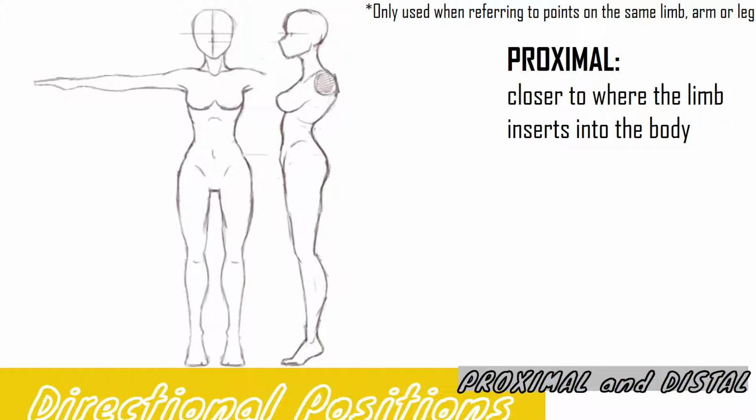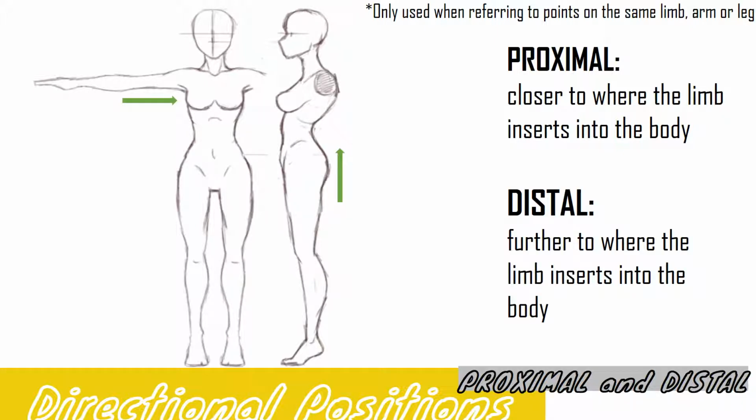Proximal means that the point is closer to where the limb inserts into the body, whereas distal means that it is further from where the limb inserts into the body.